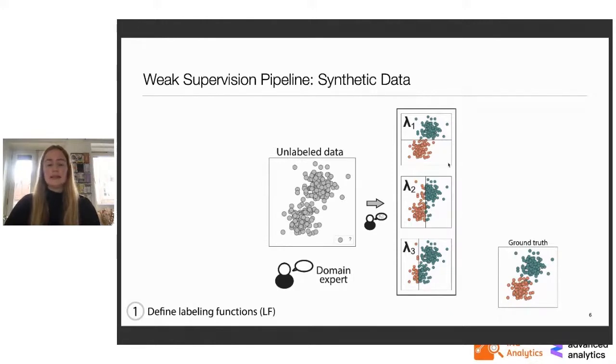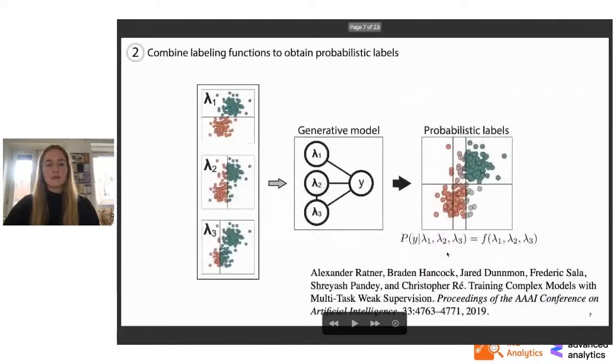Once we have those, we have these different weak labels that are contradicting, because in different regions they may agree or disagree. So the next step is to learn how they can be combined such that we get one label.